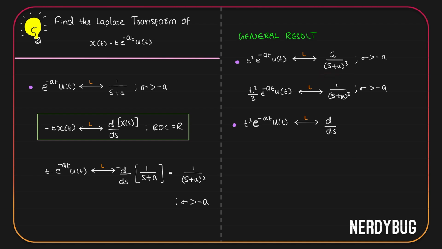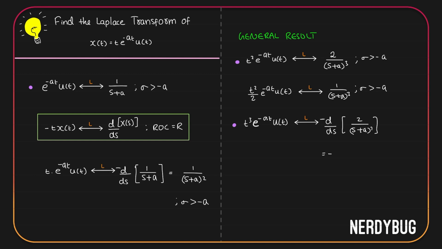So d by ds of 2 divided by s plus a whole cube. Again, the property is for minus t x of t. Here we are only multiplying it with t, not minus t. So we'll have a negative over here. Minus d by ds of 2 by s plus a whole cube.